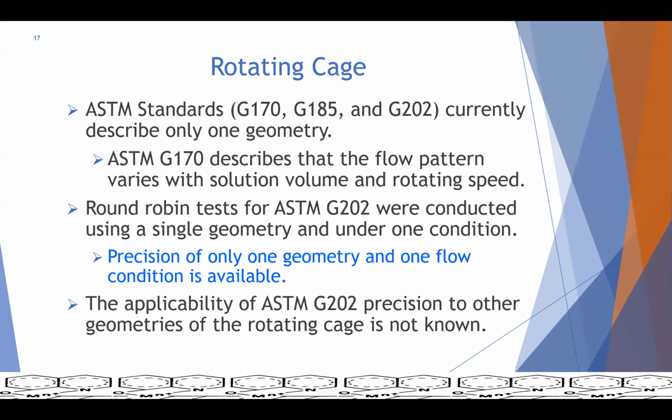To sum up, when we say rotating cage, ASTM rotating cage, there are three standards: G170, G185, and G202.